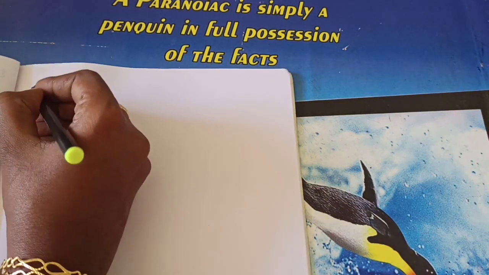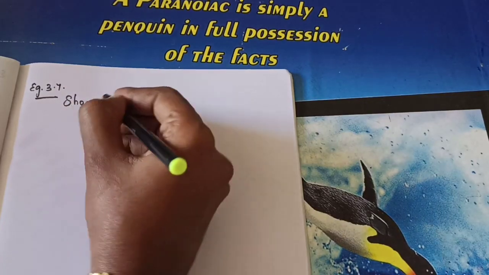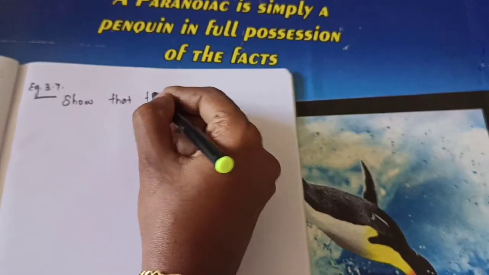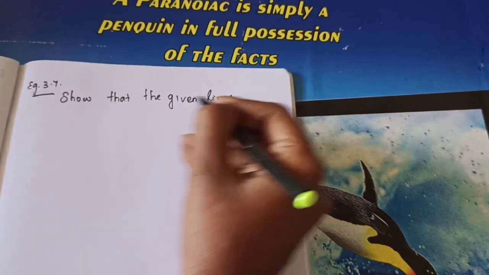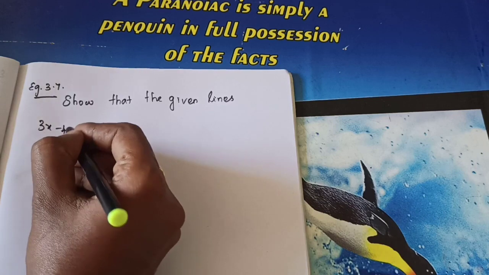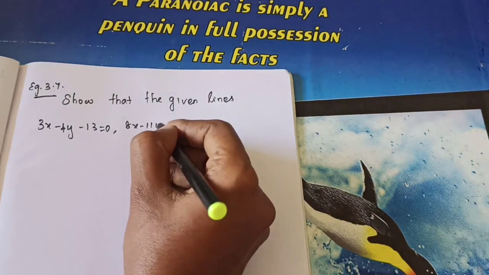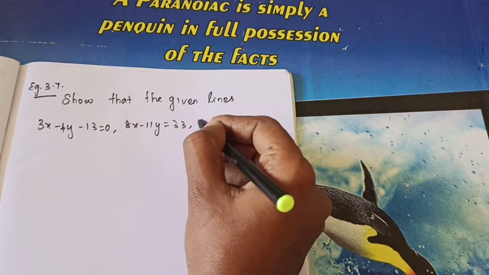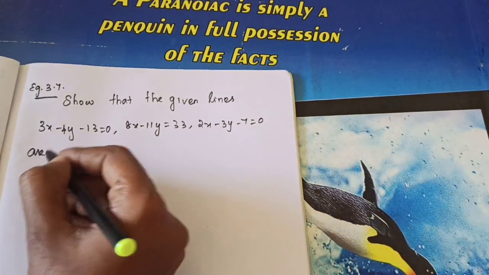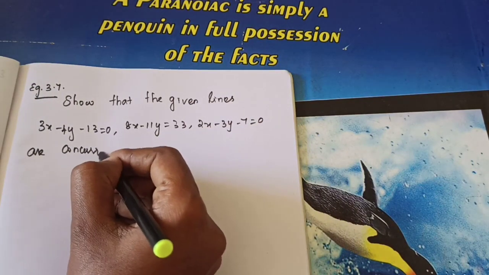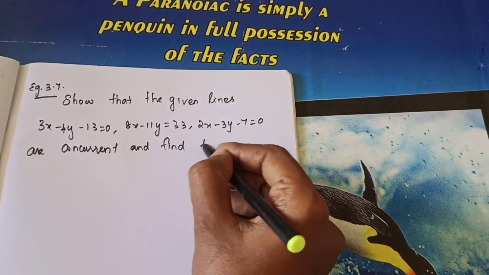The question is example 3.7. Show that the given lines 3x minus 4y minus 13 equal to 0, 8x minus 11y equal to 33, 2x minus 3y minus 7 equal to 0 are concurrent and find the concurrent point.